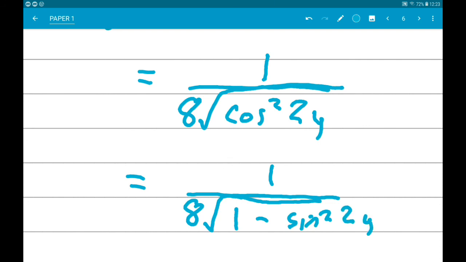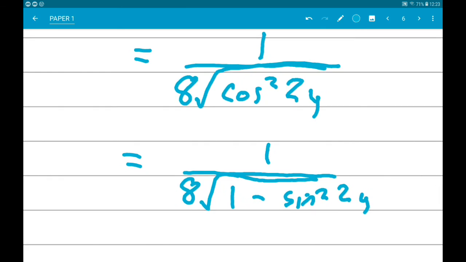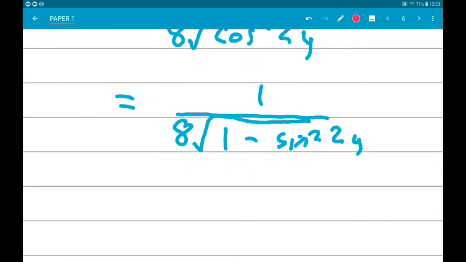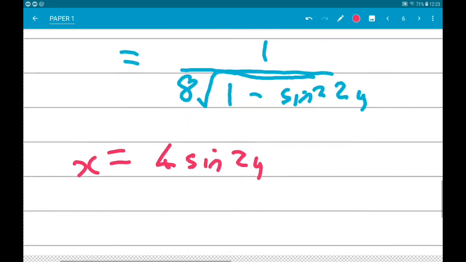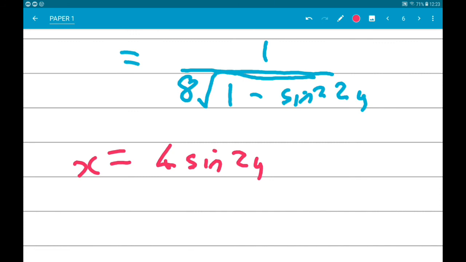Alright, now then, we know that x was 4 sine 2y. So, sine 2y is x over 4, so sine squared 2y is x squared over 16.